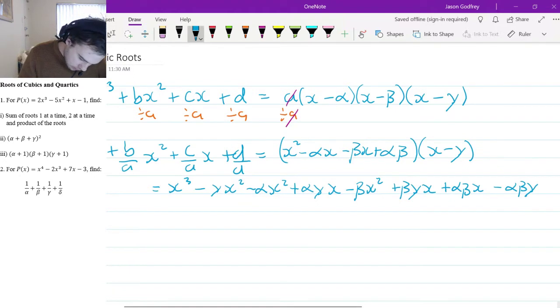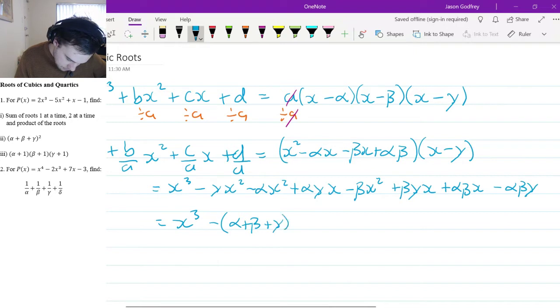So again, if we collect together the like terms, we've got x cubed by itself. So with x squared, we've got x squared here, x squared here, x squared here, and they're all minus. So we've got minus, and we've got alpha plus beta plus gamma, lots of x squared.